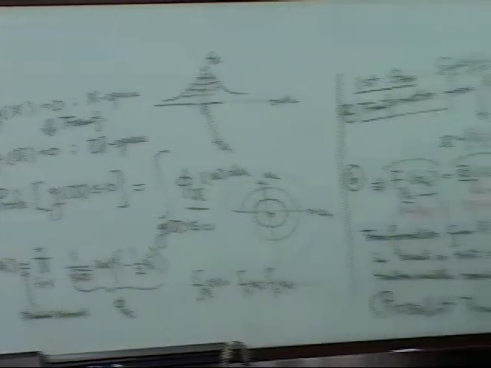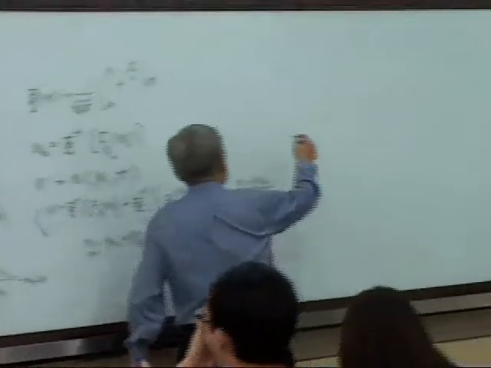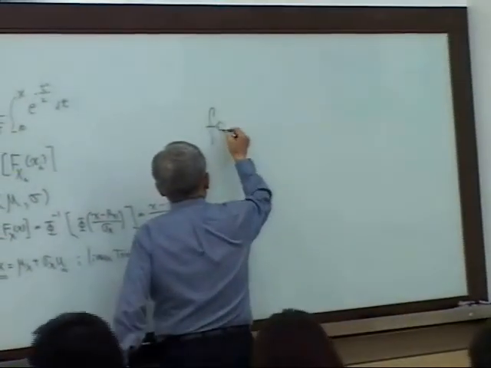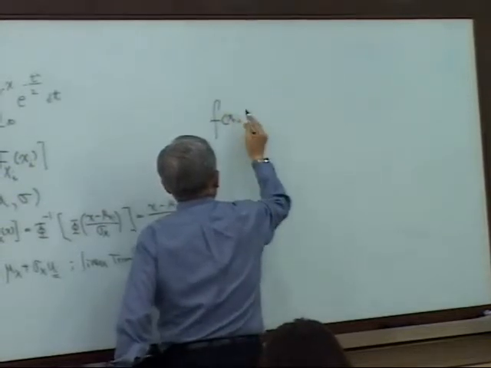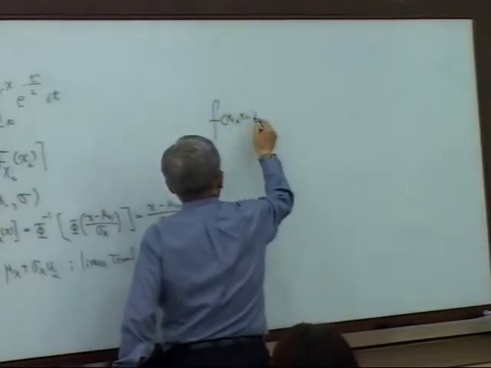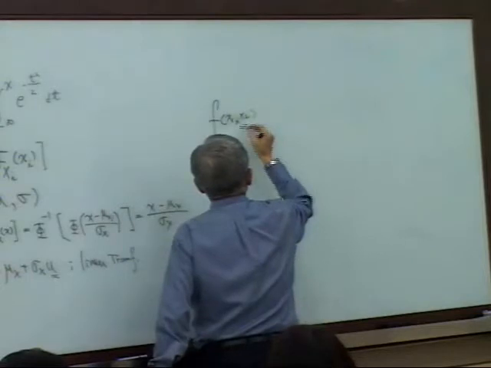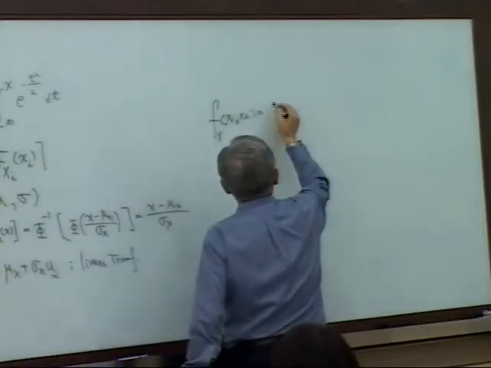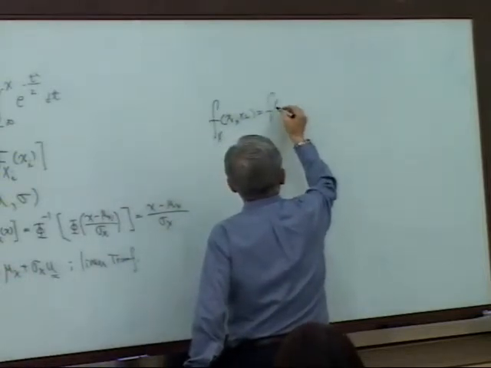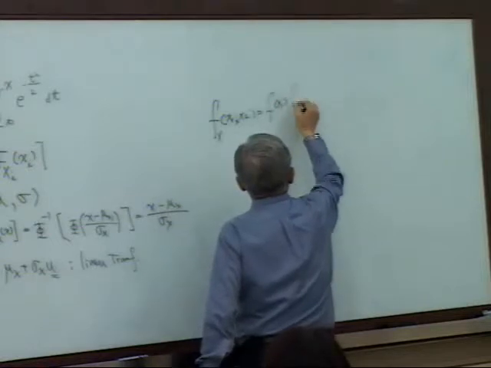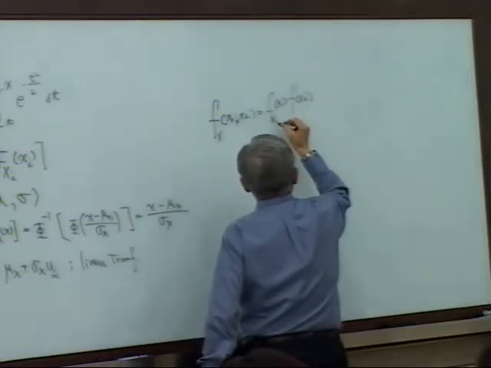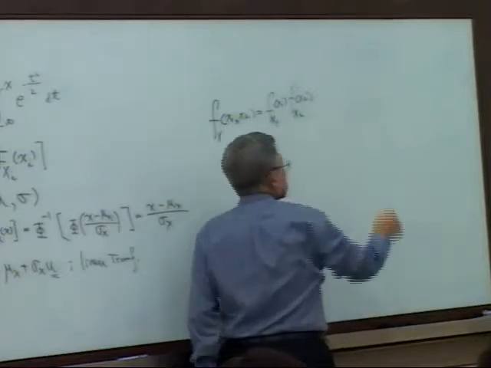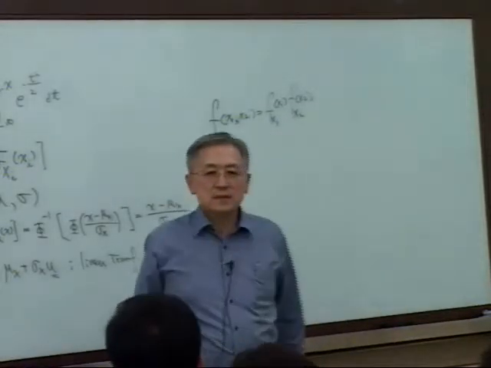For the joint, f(x1, x2) is equal to f(x1) multiplied by f(x2).